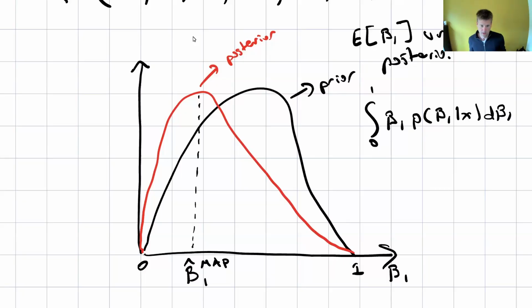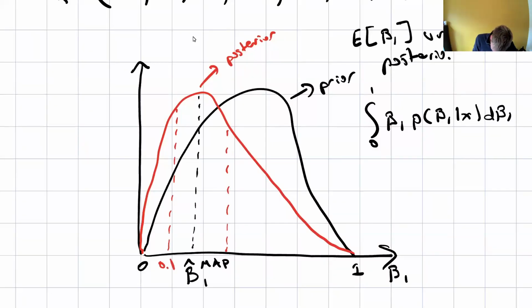Fine. You can also report what are called credible intervals, which is the probability that beta 1 falls in an interval. All right, so you could, for example, define an interval around the MAP estimate. So here I'm just making up numbers, but say that's 0.1 and that's 0.3.